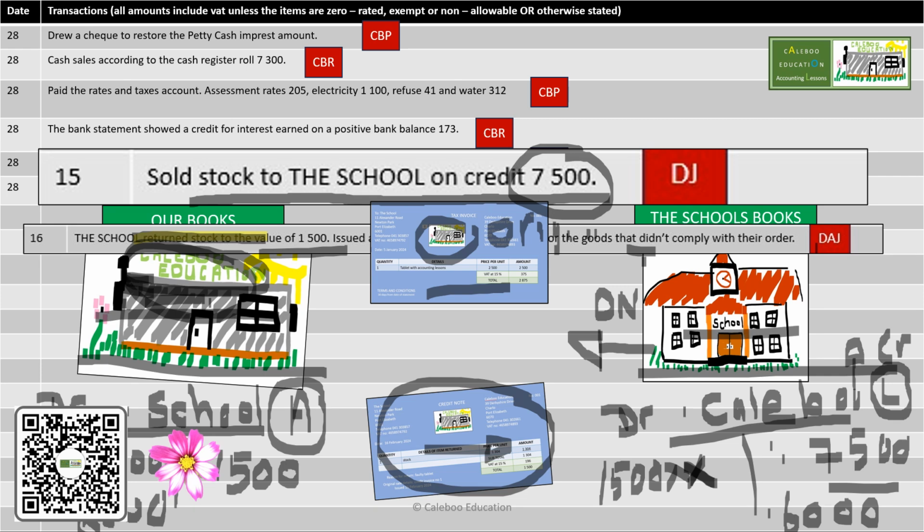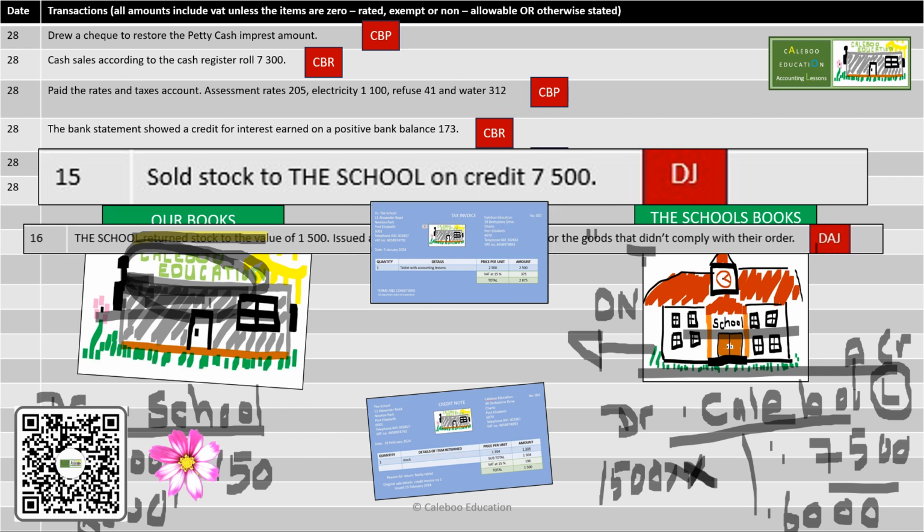So do you see how it is recorded differently in each set of books? It's important to understand these debits and credits that are taking place. A credit note simply means you're going to credit the account, and a debit note simply means the account is going to be debited.